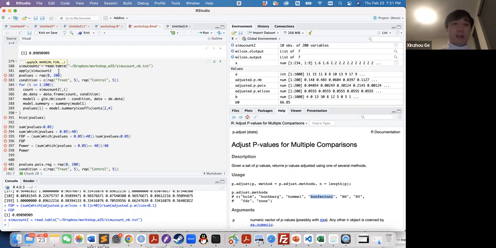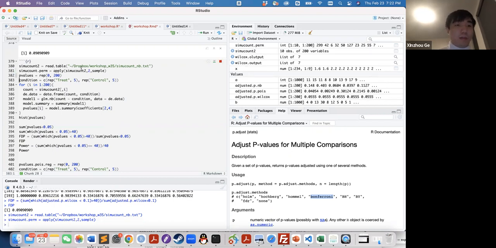Here we want to permute each column of this matrix, so the second argument equals 2 means column, and if it is 1, it means we want to use the same function for each row. So here, we apply this sample function to each column of this matrix, and we make it the new simulated count matrix. And we call this simulcount permutation.